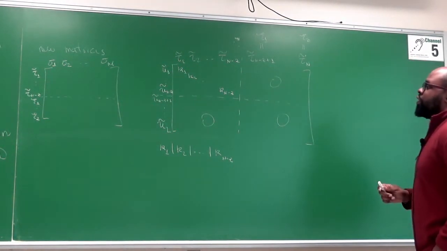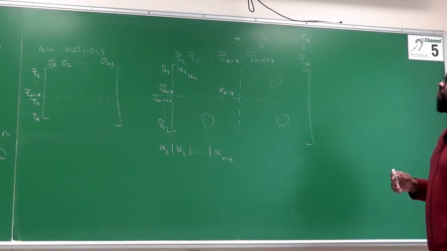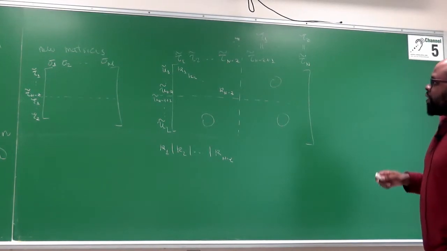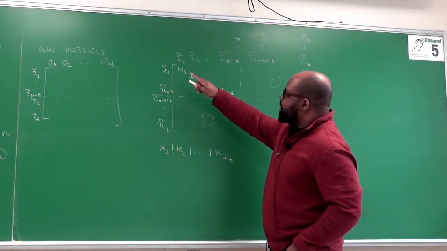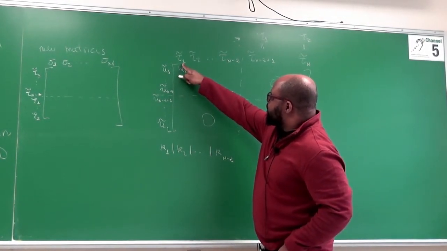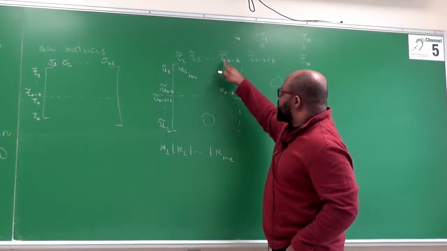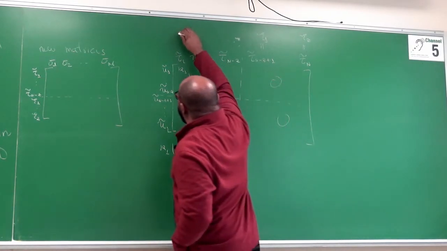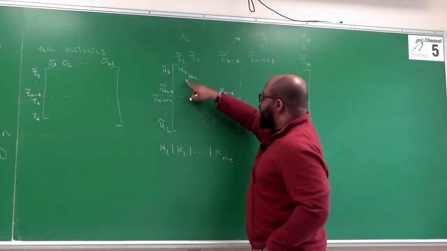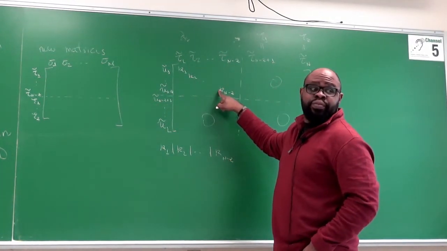Right. So notice that these taus that I have here, tau tilde 1 all the way up to tau tilde nz, when I apply delta n to them, I get things that are not zero. Correct?